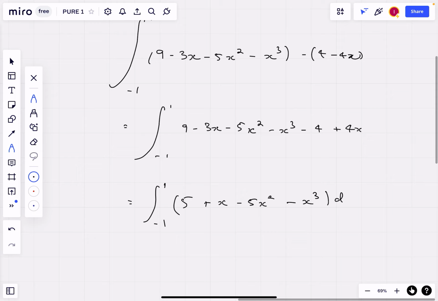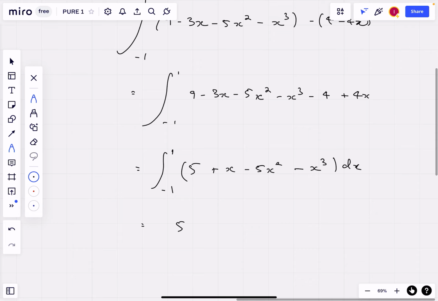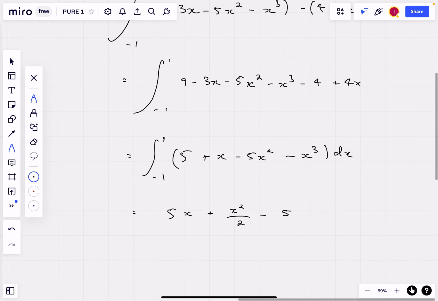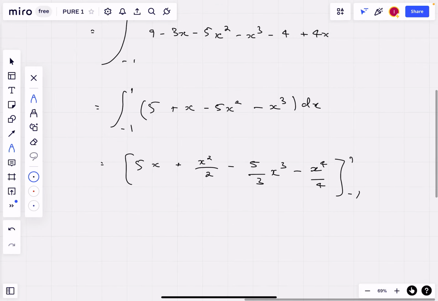We're going to integrate all that with respect to dx. 5x plus x squared over 2 minus 5 over 3 x cubed minus x to the power 4 over 4. Intervals 1 to -1. Sub it, subtract, do what you usually do with definite integrals, and you should get 20 over 3.